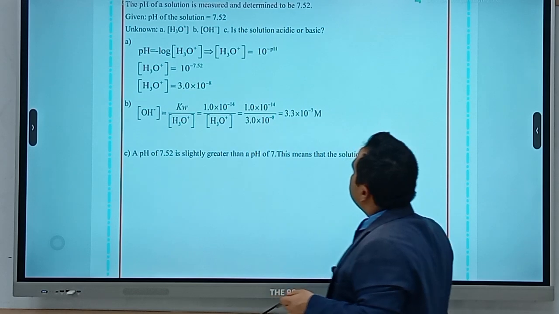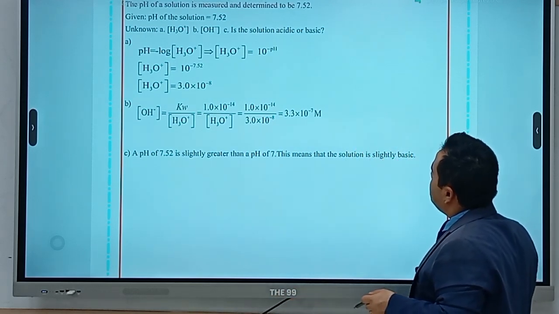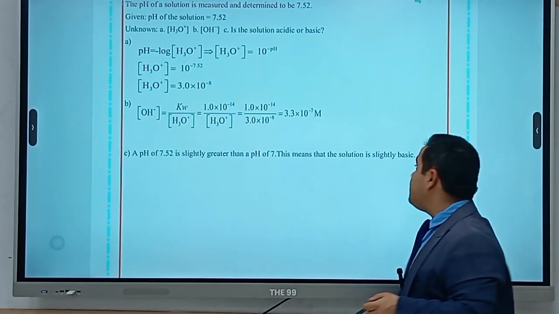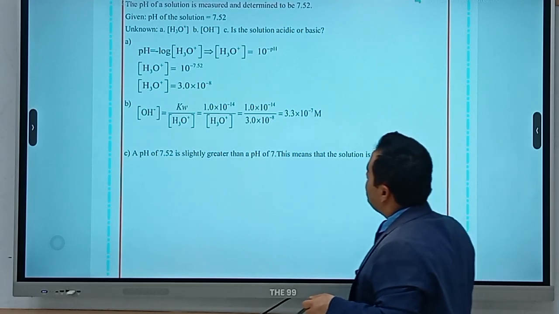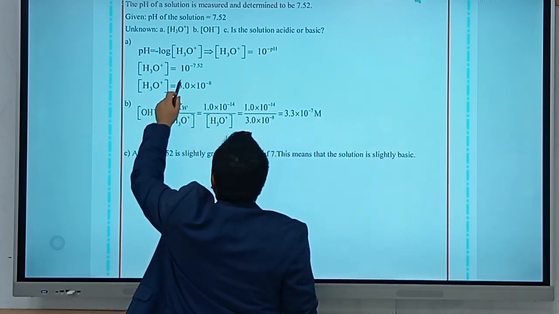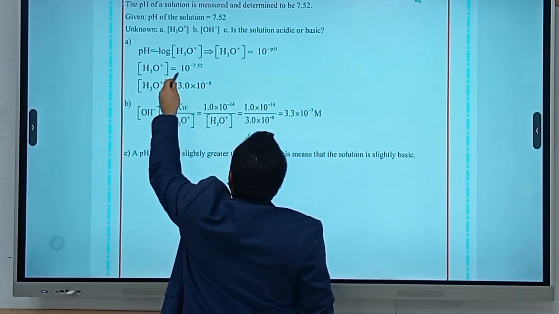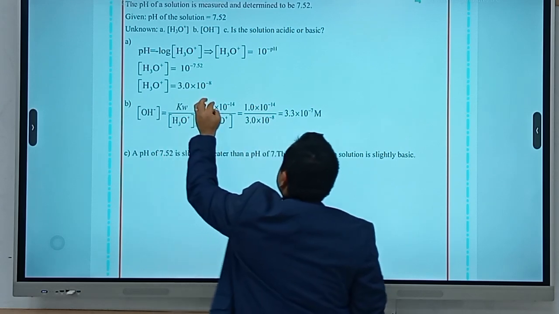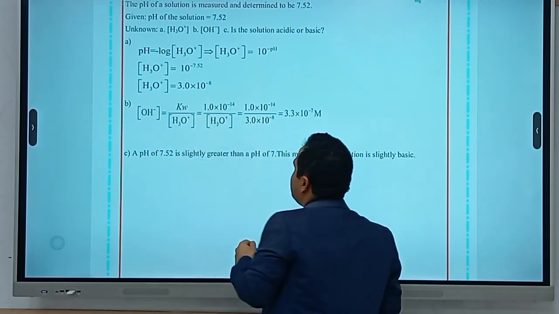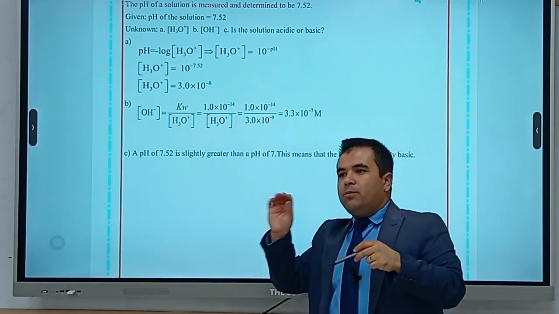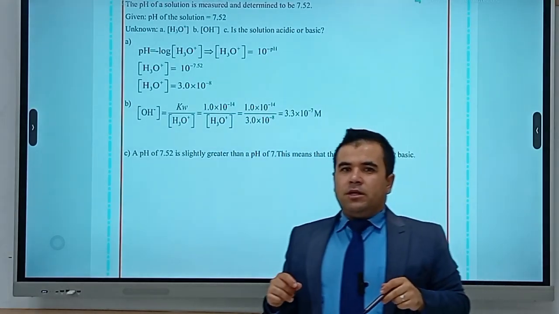The pH of a solution is measured and determined to be 7.52. So simply hydronium is equal to what? 10 to the power minus 7.52 results in what? 3 × 10 to the power minus 8. Why? Because the power cannot be written as a decimal.